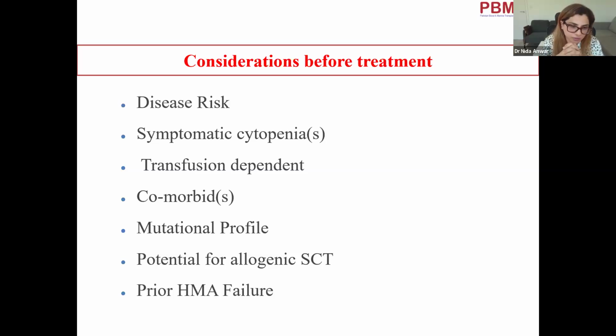What are the comorbidities, the performance status, and all the patient-related factors, and the mutational profile, as a lot of high-risk mutations change the prognosis and treatment outcome. Is the patient potentially a candidate for allogeneic transplant or not? And does the patient have a prior HMA failure or not?